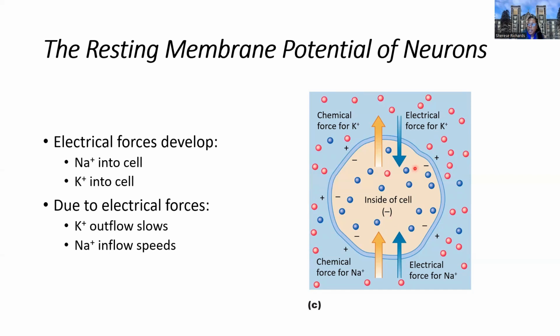So in summary, potassium is leaving by a weak force, kind of trickling out of the cell. And sodium is entering the cell by a strong inward force, really rushing or flowing into the cell. Okay, so potassium outward is slow, and sodium's inflow is fast.